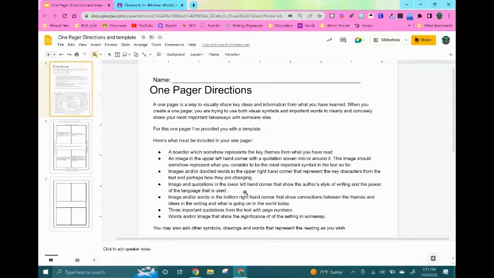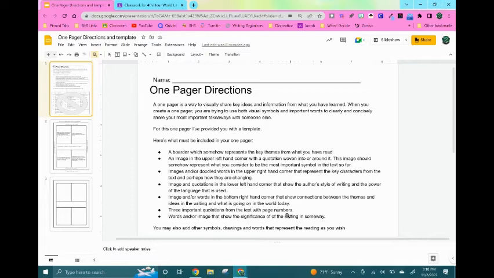The other thing I wanted to draw your attention to, which people in the past have found points taken off for, is the 3 important quotes from the text with page numbers. You're going to go through the book and find 3 quotes that you feel are particularly important.